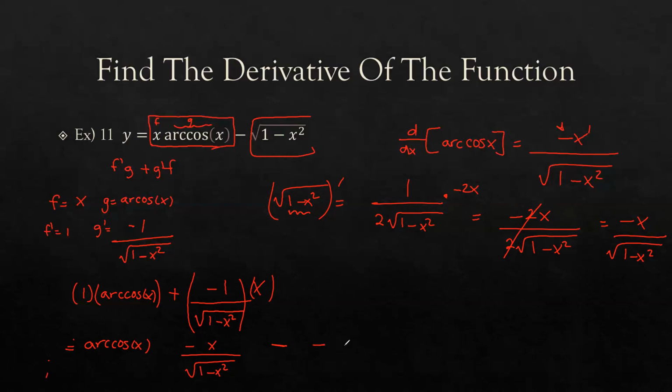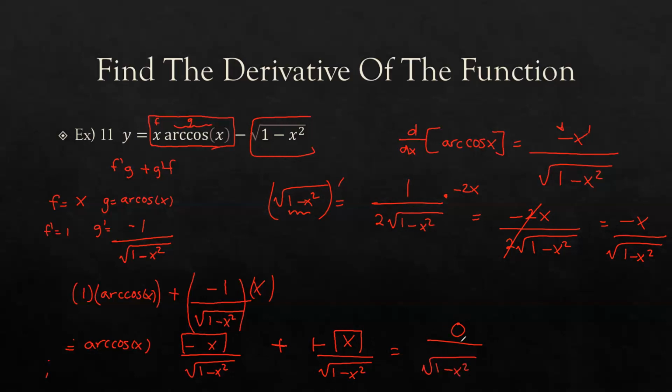So it's minus negative x over square root of 1 minus x squared, and the minus this becomes a positive. What's positive x plus a negative x? It's 0. On the bottom, because we're adding fractions, we're good since the denominators are the same, so it's just square root of 1 minus x squared.